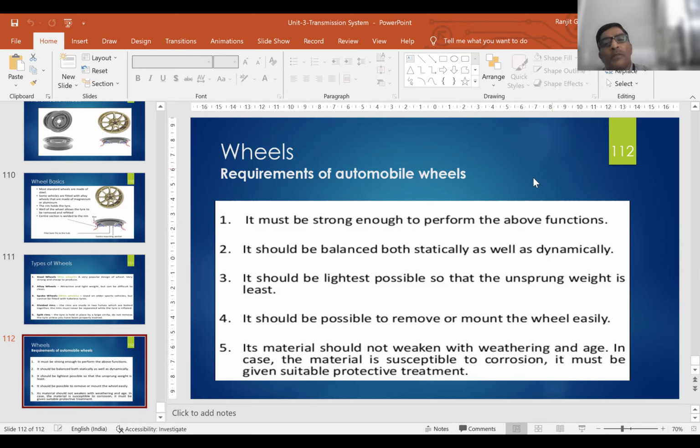This is another image. You can consider this as a top view. Steering wheel, steering column, this is the steering gearbox, this is the push and pull rod, and this is the steering spindle.